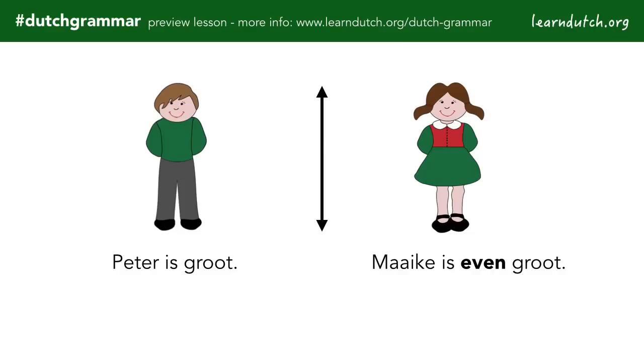When we want to name both in one sentence, we get the next. Maaike is even groot als Peter. Maaike is as tall as Peter. So we put even before the adverb and als after the adverb.